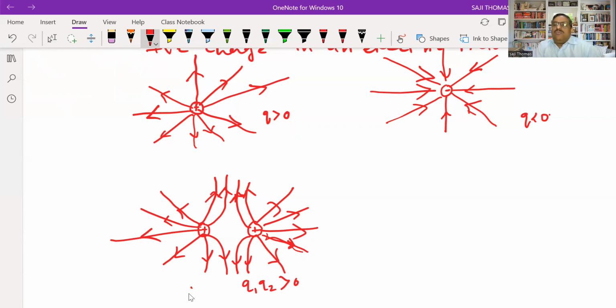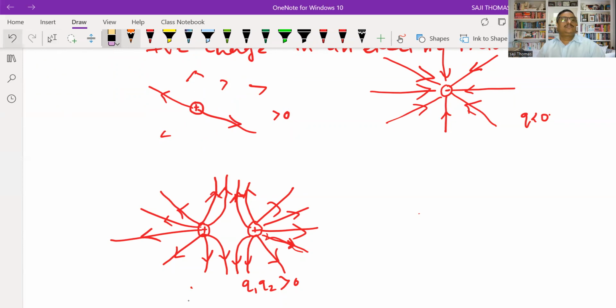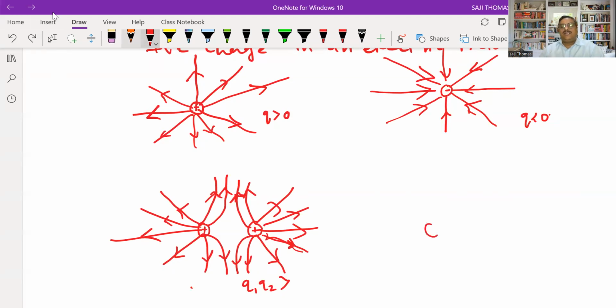This is a system of two positive charges. If you draw for a system of two negative charges, it will be the same, but arrows must be inward. So for a system of two negative charges, one negative, another negative, you can draw the same way, but the arrow mark is towards the charge.